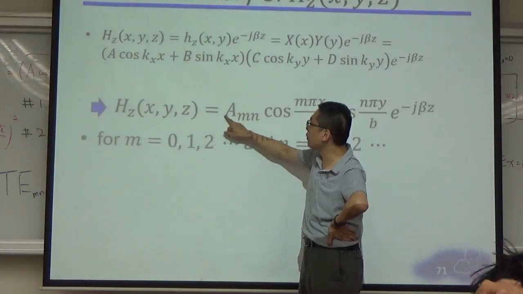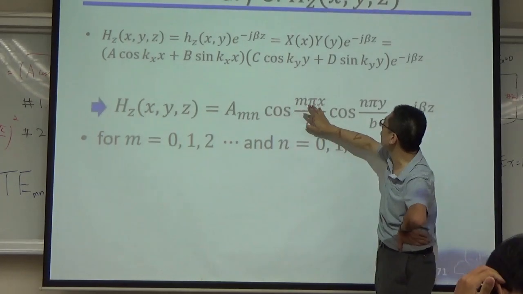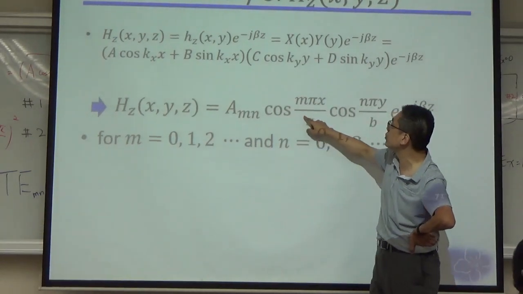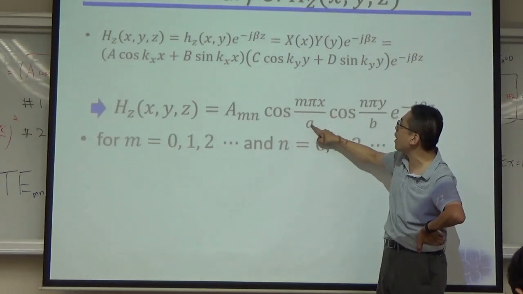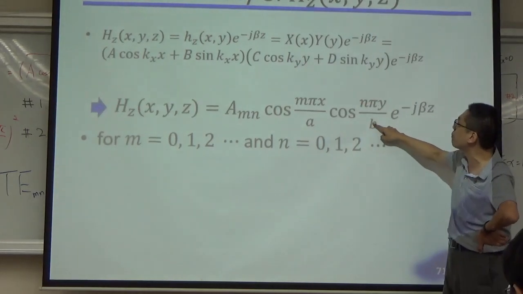We name a new unknown here, but we know this term is a cosine, and we know kx equals m pi over a, and ky equals n pi over b.